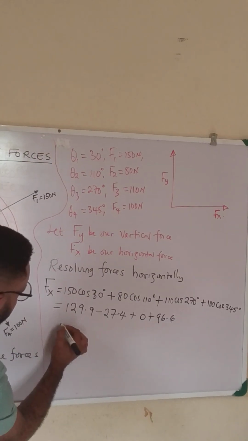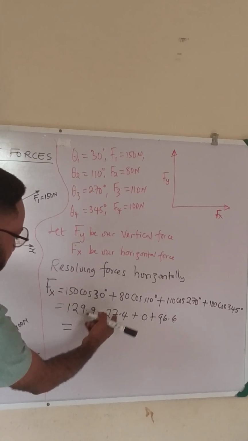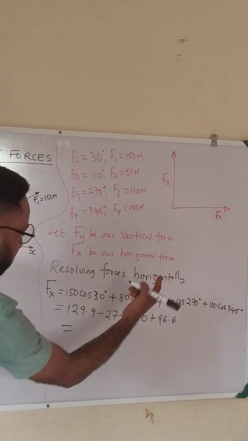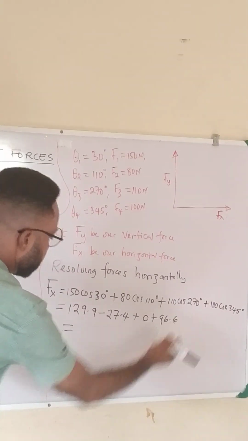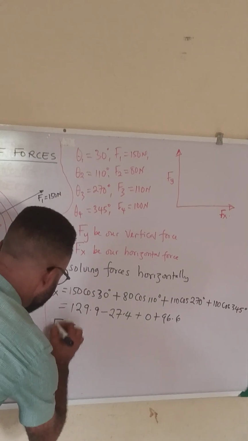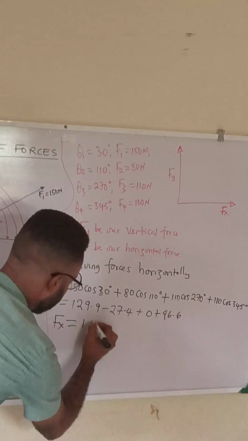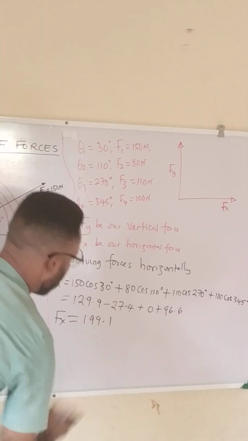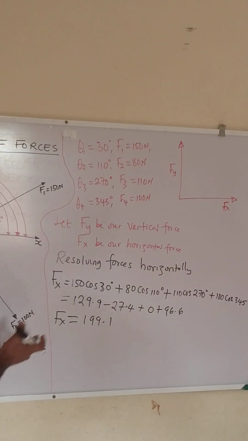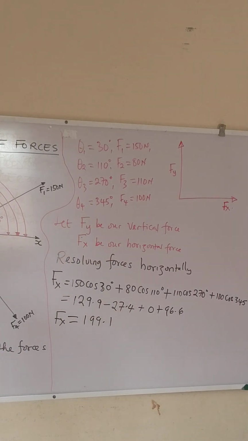And so when you solve this, 129.9 minus 24.4 plus 0 plus 96.6 will give you your Fx to be equal to 191.1.